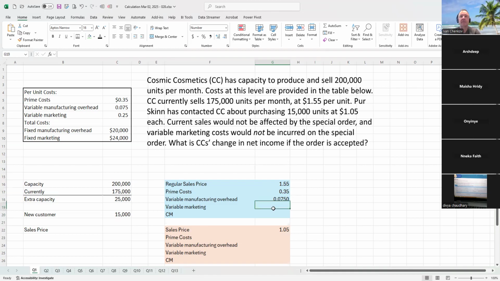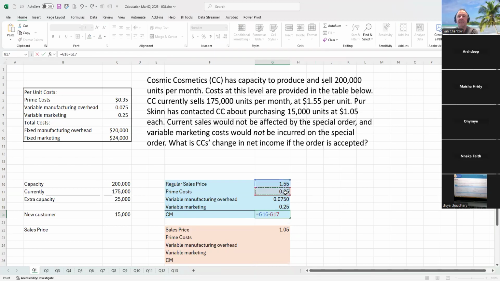Marketing is 0.25. So in the normal operating cycle, we're generating contribution margin, right? How much is the contribution margin that we're generating? It will be this one minus this, minus this, minus this. So in the normal cycle, we're generating 0.875 dollars per item.